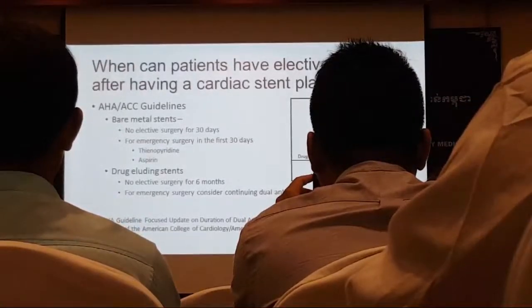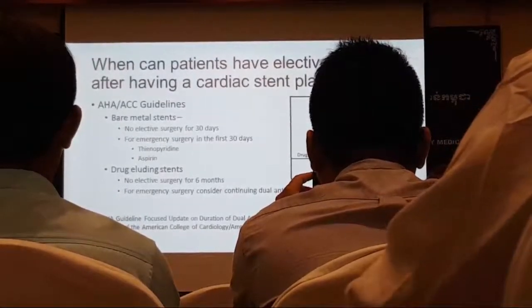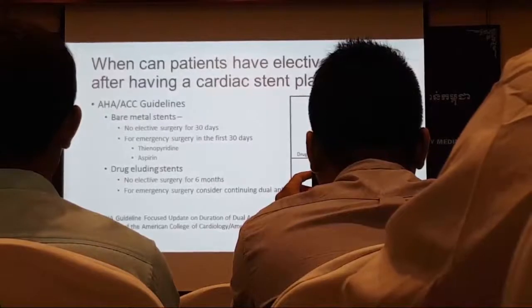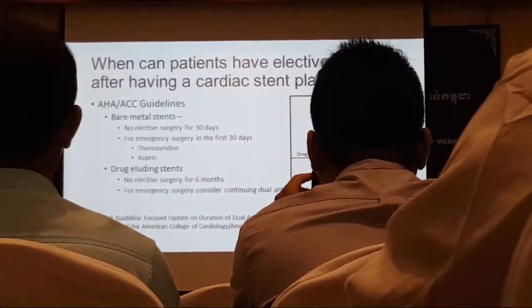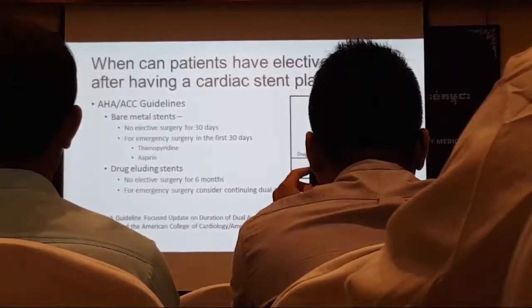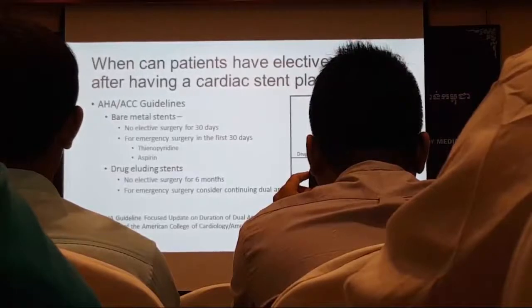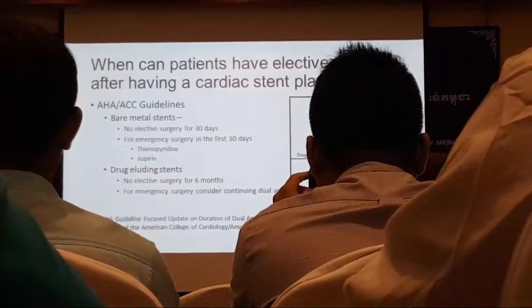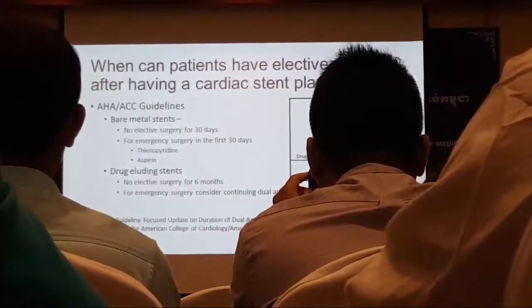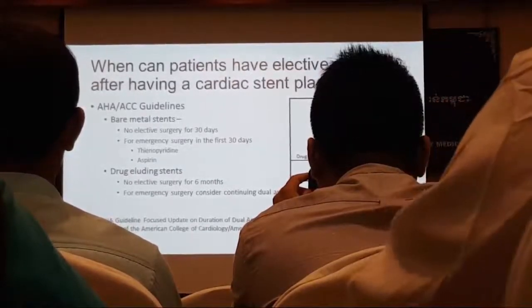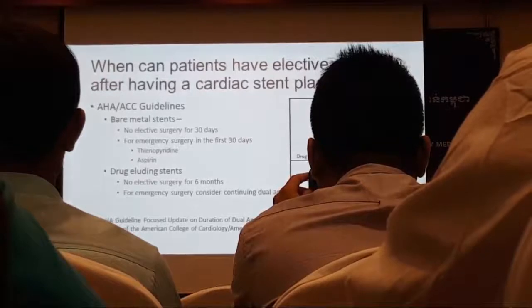If we do not continue their anticoagulants, there is the risk of clotting and having a cardiac event. The recommendation at this point is that if they have bare metal stents, they should go at least 30 days without an elective procedure. There are studies that have looked at emergency surgeries, and they found that where they go ahead and continue some of the anticoagulants, it's not quite as bad as we think in terms of bleeding.